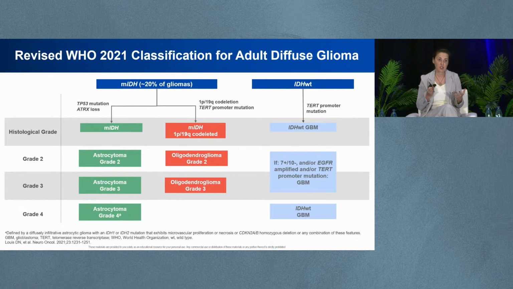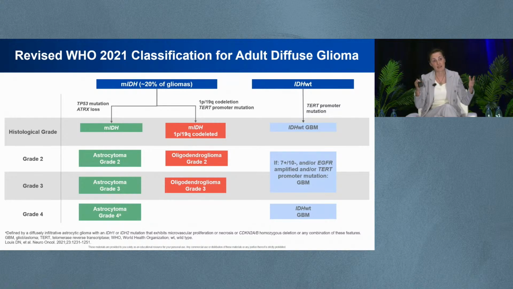This realization of both the prognostic and predictive importance of the IDH mutation led to its incorporation in the revised WHO 2021 classification for adult diffuse glioma, where characterization of the IDH status became a required testing as part of the integrative classification.